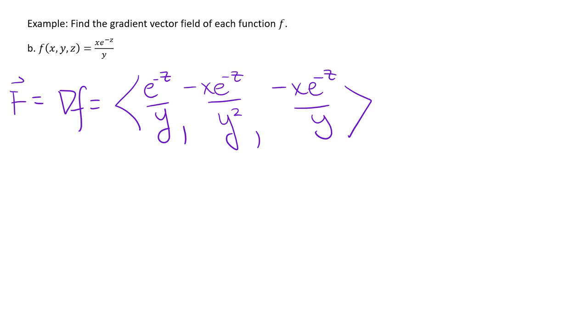And then finally, my derivative with respect to z is going to be, we're going to get an e to the negative z times negative 1. So that's negative x e to the negative z over y. And that is the vector field, or gradient vector field, or we could say conservative vector field for this potential function.